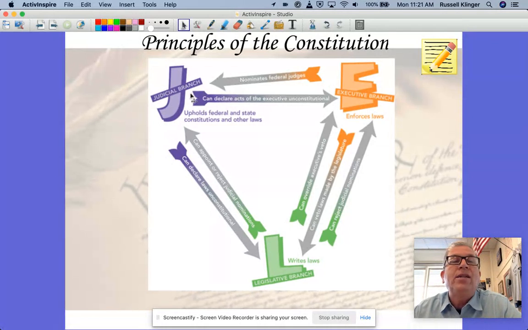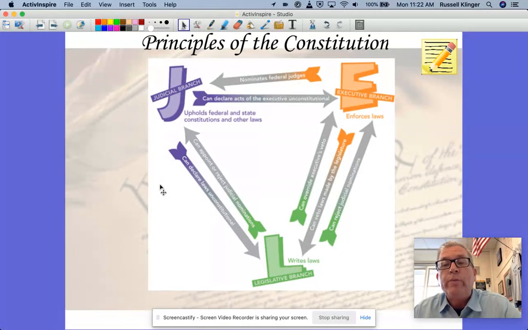But as a check to that branch, one of the powers that the executive branch has is that it nominates federal judges to court. So it can nominate a federal judge to court, but those judges in turn are supposed to check on the executive branch to ensure that they're not violating the law in any way. And it kind of goes, if you look at this illustration here, there's checks and balances on each one.